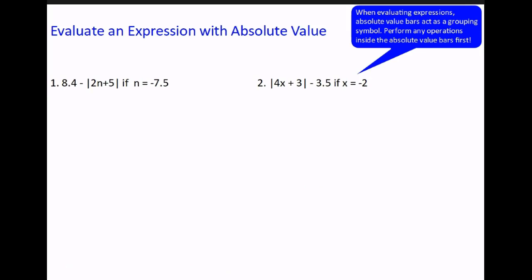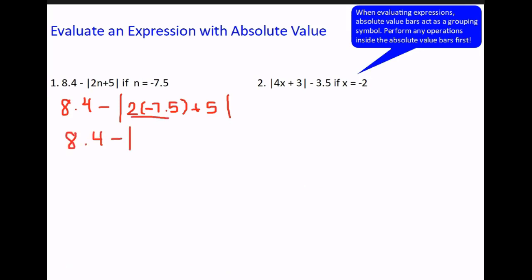What am I going to do in example number 1 with that n? Zoe? Exactly. I'm going to replace the n with -7.5. And then we're going to simplify from there.